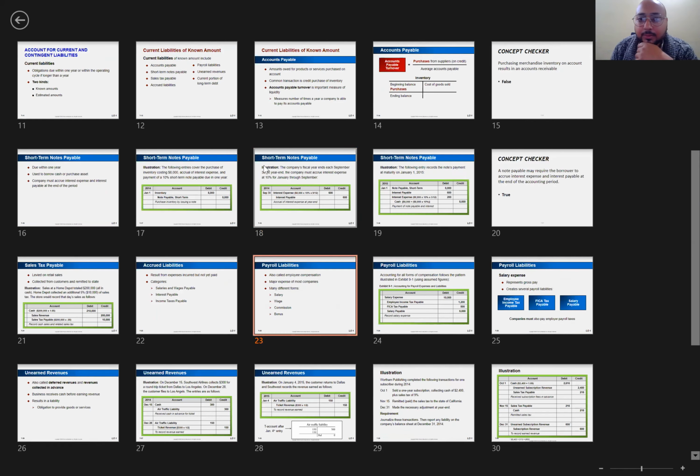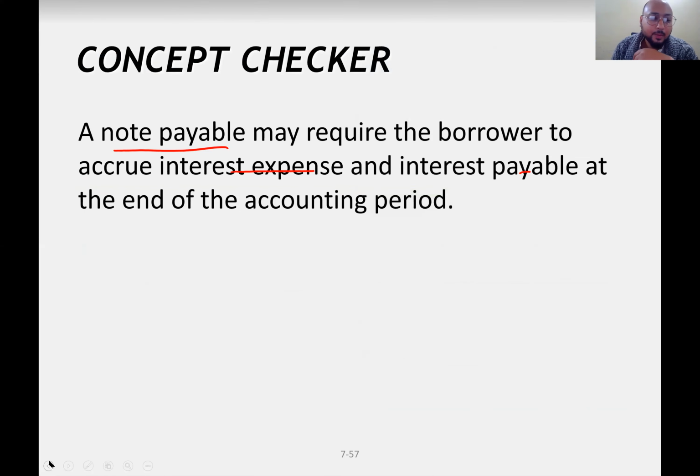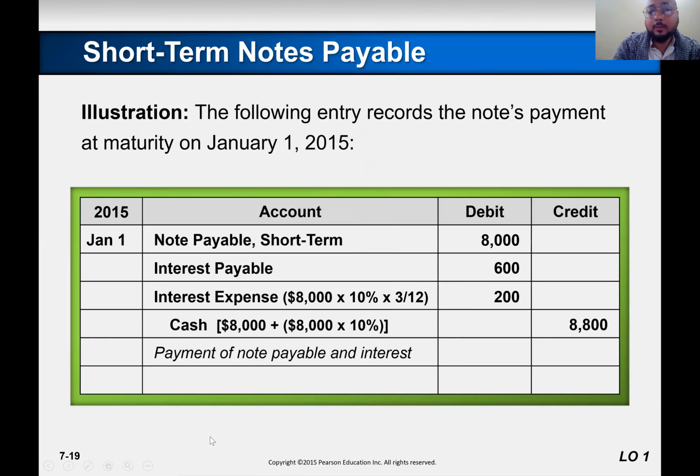I want to tell you, because some students, for example, this entry, we talked about that. So here we have 3 debits and 1 credit. And how are we going to pronounce it? Notes payable 8,000, interest payable 600, interest expense 200, to cash 8,800, right?